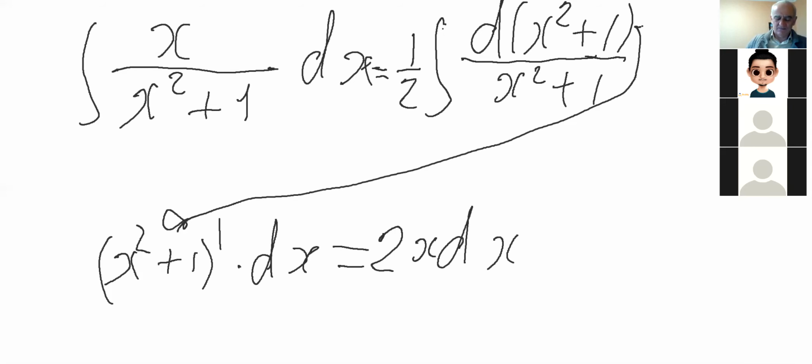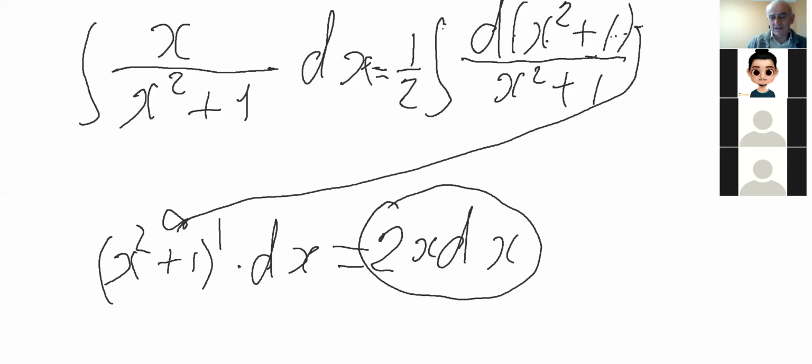Now check again. Do we have equality? Is this equality true or false? As we said, d(x squared plus 1) is 2x dx.